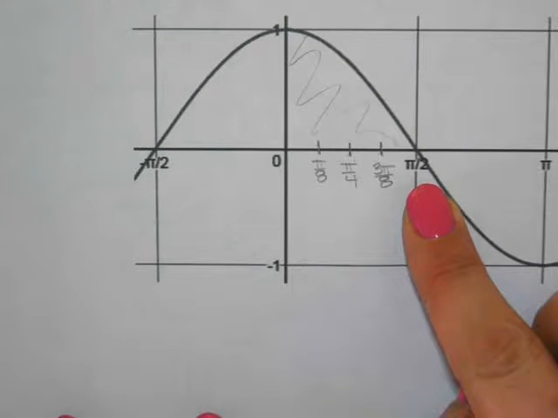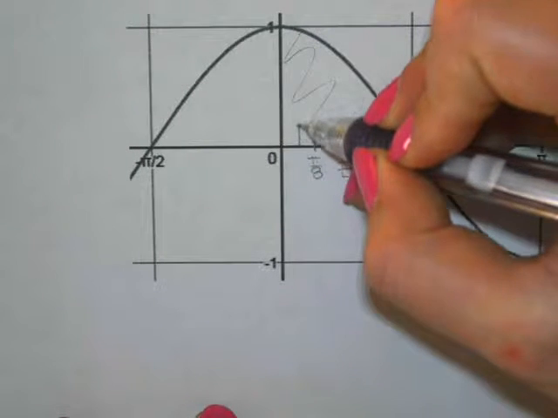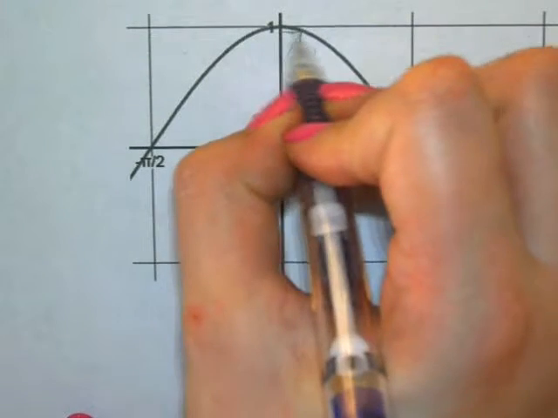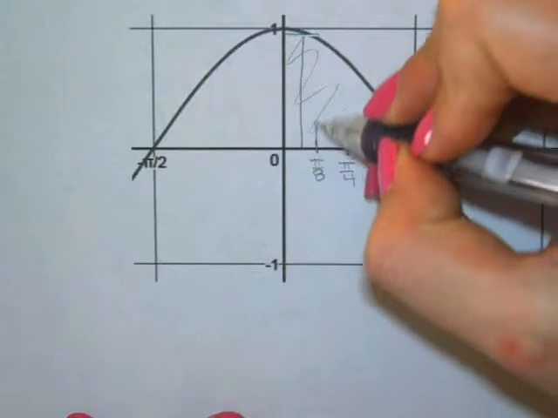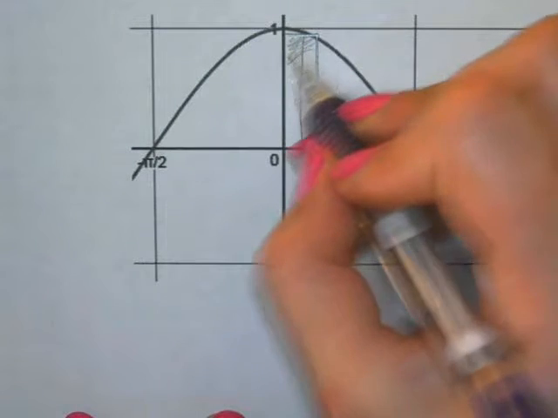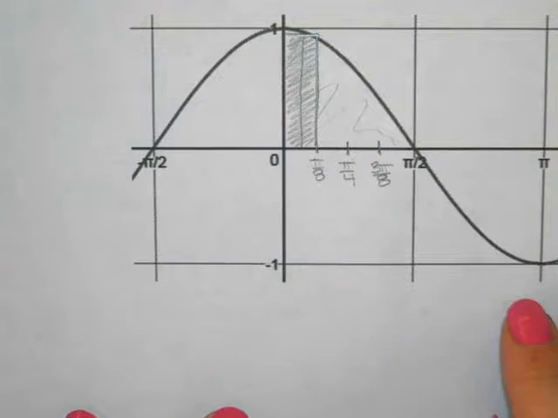Okay. And then we're using the midpoint to draw the rectangle. So from the middle, that's how I'm drawing my rectangle. What's the middle of 0 and 1/8? 1/16.